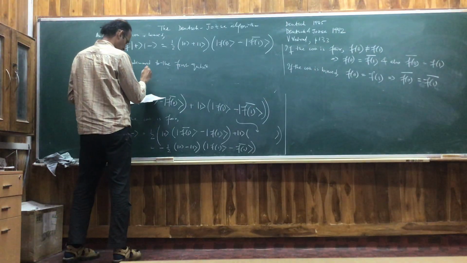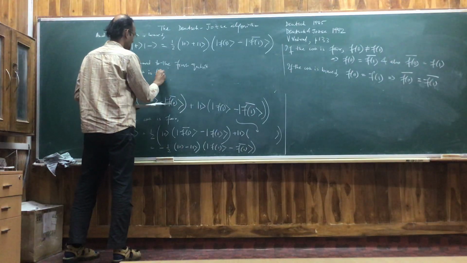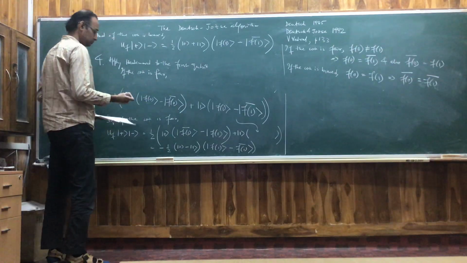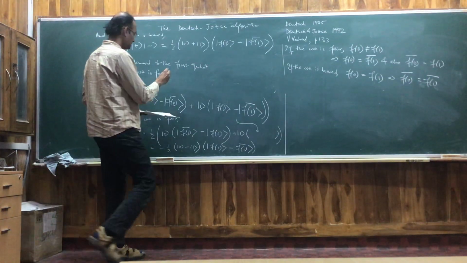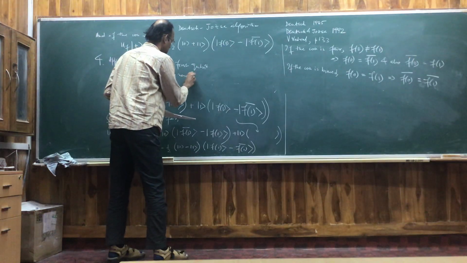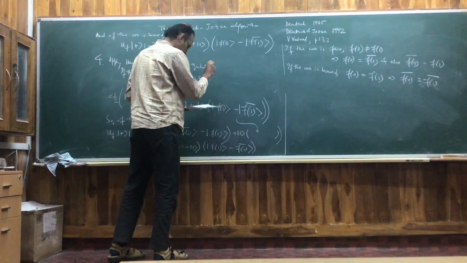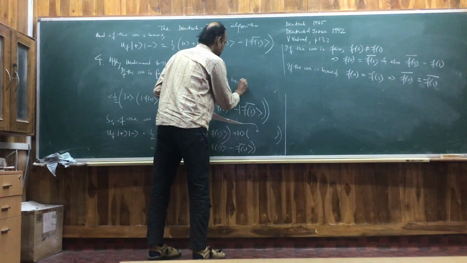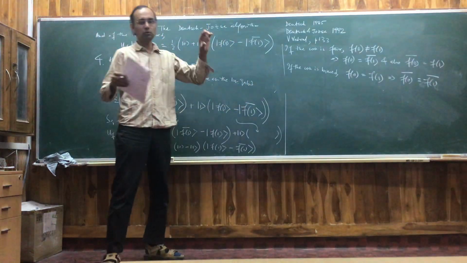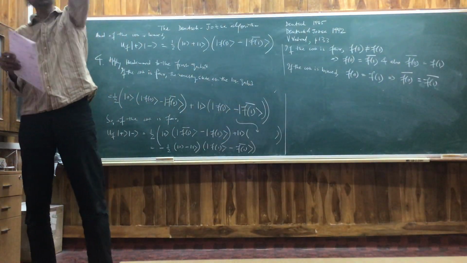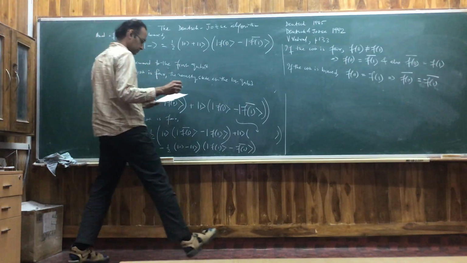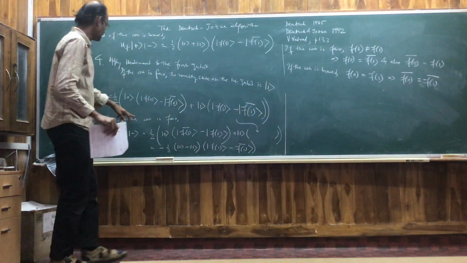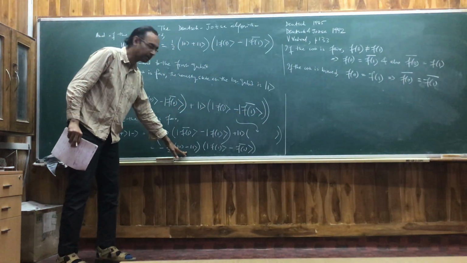If the coin is fair, the resulting state at the first qubit, so there were 2 inputs and 2 outputs here, the top one at the output is 0 minus 1.